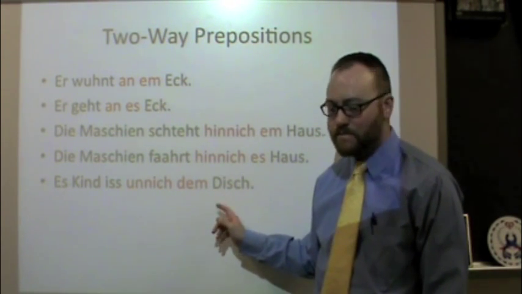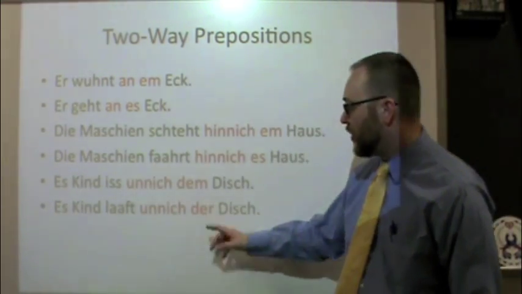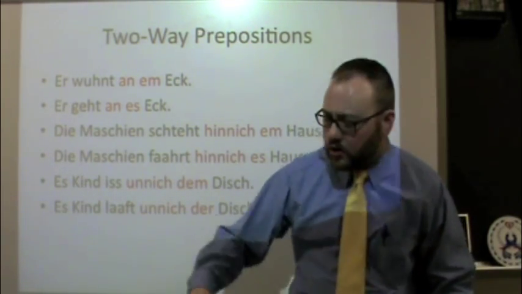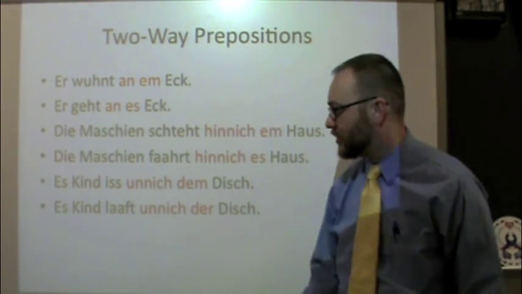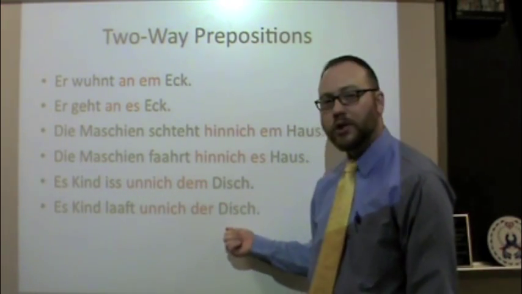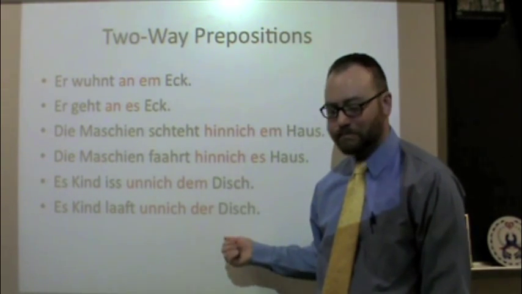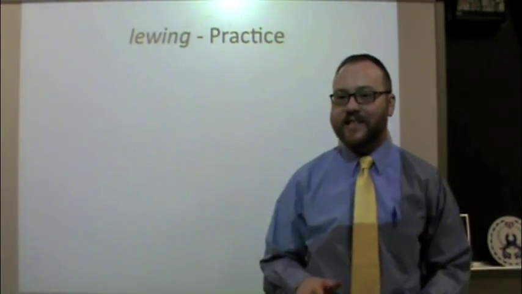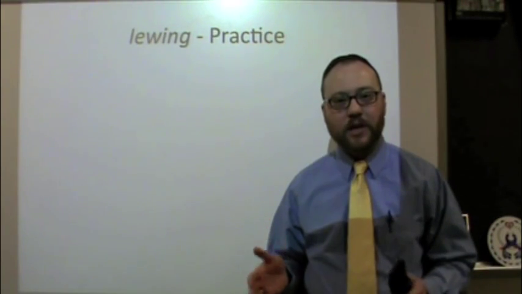Okay. Take that same sentence, change the verb though. Es Kind läuft unter der Tisch. Läuft is to run or to walk, so the kid is walking or running underneath the table. Now there's motion, so it goes from dative to accusative, unter der Tisch. As you can see, this is a multi-step process, and you can't skip any of the steps.